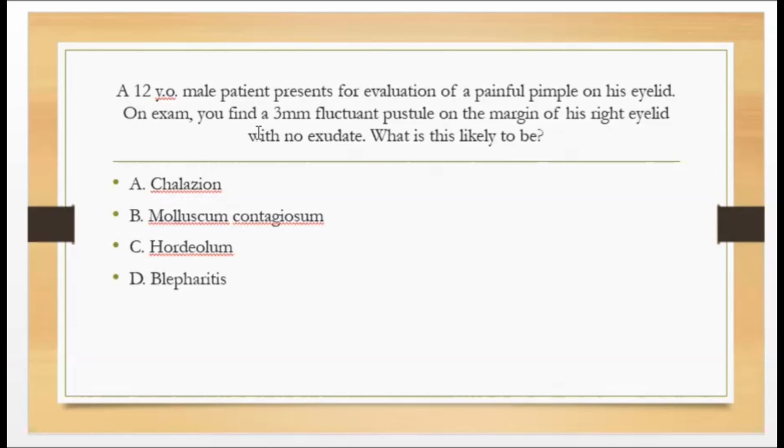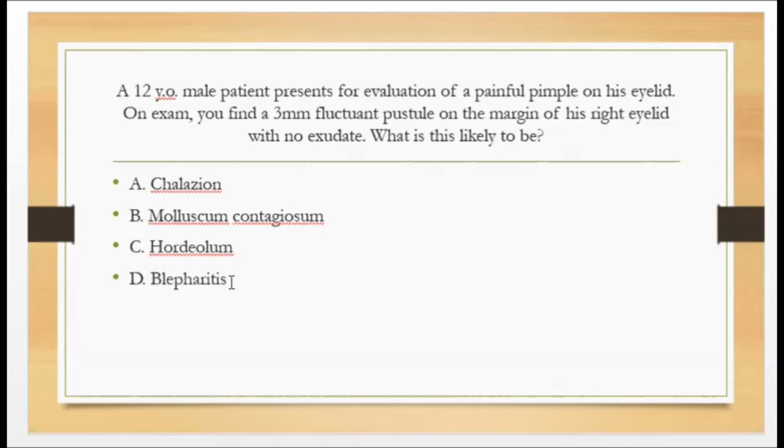These two things look alike. Chalazion and hordeolum, they look alike. But the only difference is that chalazion, C is for chilling, which is what? It doesn't hurt. Hordeolum, H goes for hot, is hurting the patient. That means it's painful.